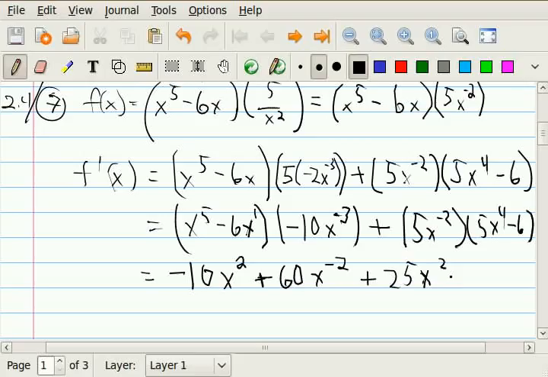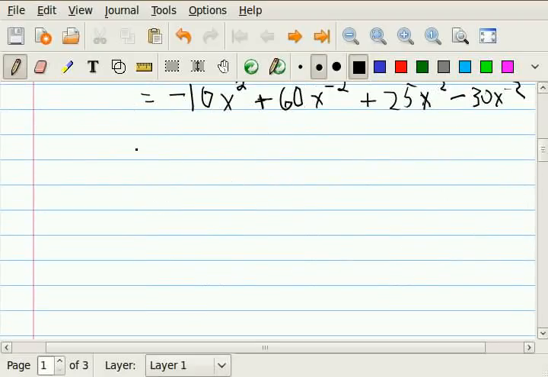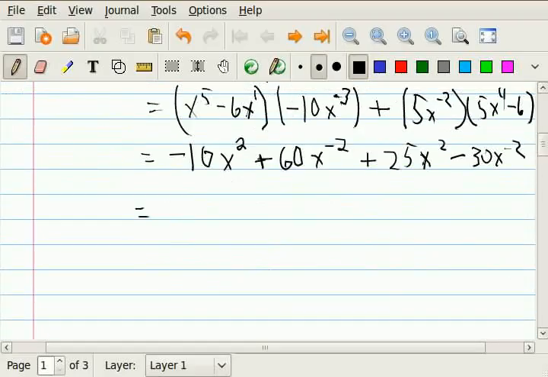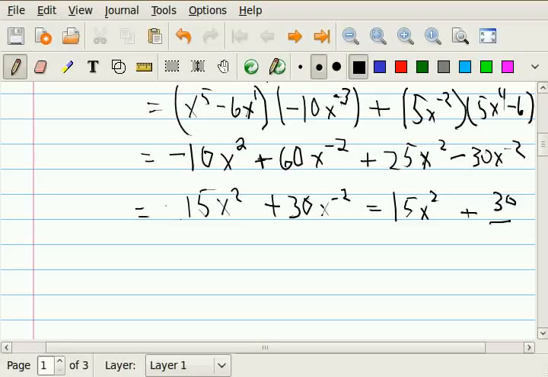And then I have minus 30 x to the negative 2. Now I can combine terms, I guess. That'll be 15 x squared plus 30 x to the negative 2. So for the final answer on this one, I could probably write 15x squared plus 30 over x squared, and that's what they would want in the book on this one.